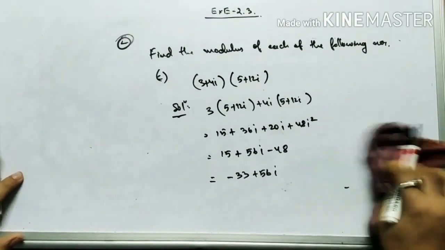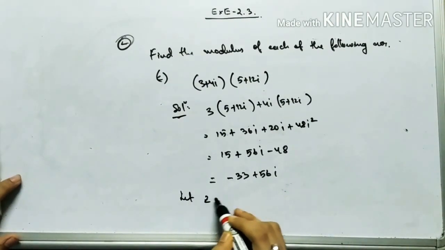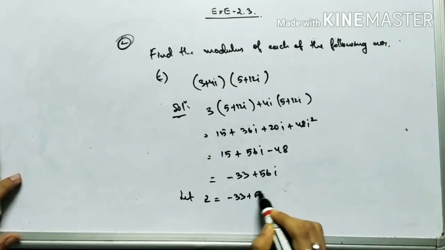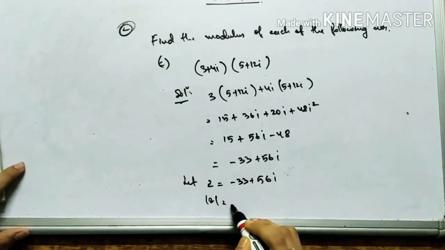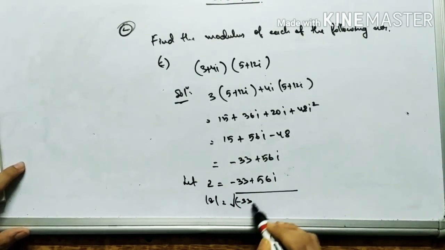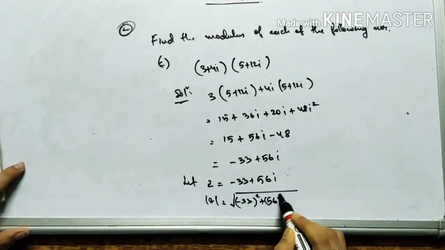Understand? Now what I will do is, let z is equals to minus 33 plus 56i. Okay, so now modulus of z, it will be root over minus 33 the whole square plus 56 the whole square.